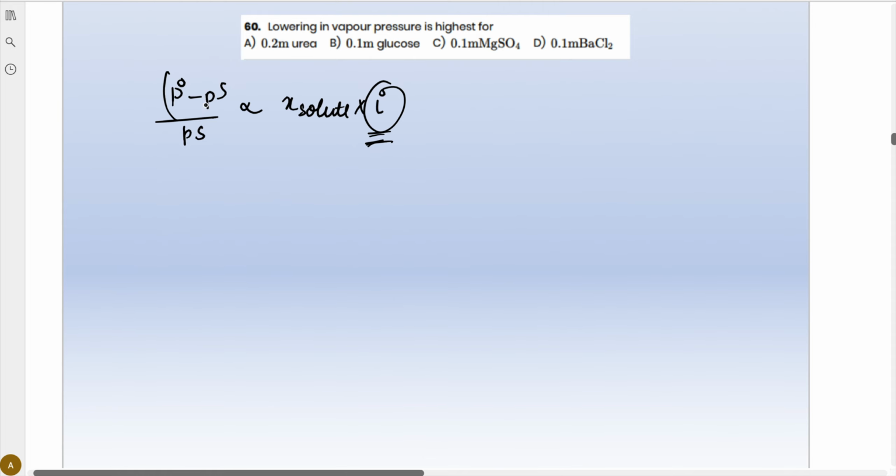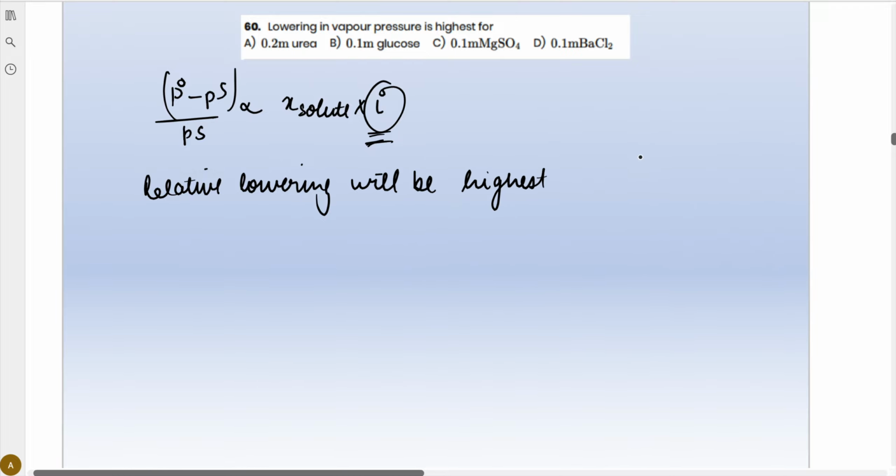The relative lowering will be highest if molality concentration into i is also the highest. So one by one we will calculate.